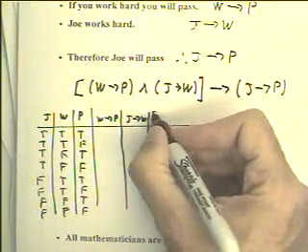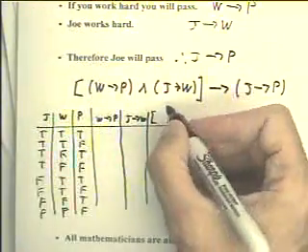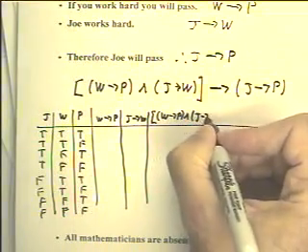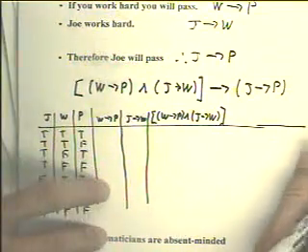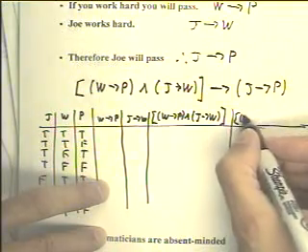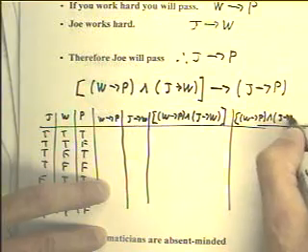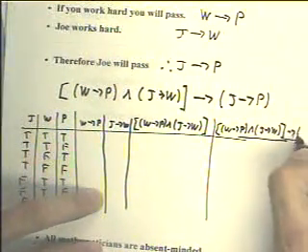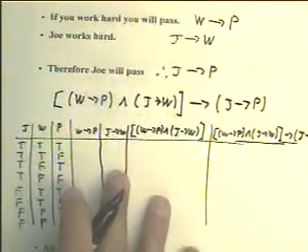Then we can evaluate the whole first part of this big conditional: if W, then P, and if J, then W. And finally, we can evaluate the whole argument: if W, then P, and if J, then W, then if J, then P. Now hopefully that's legible to you.